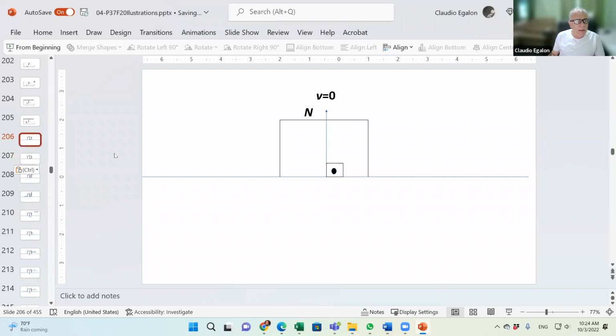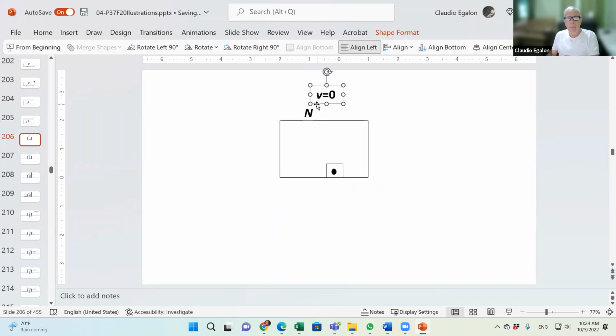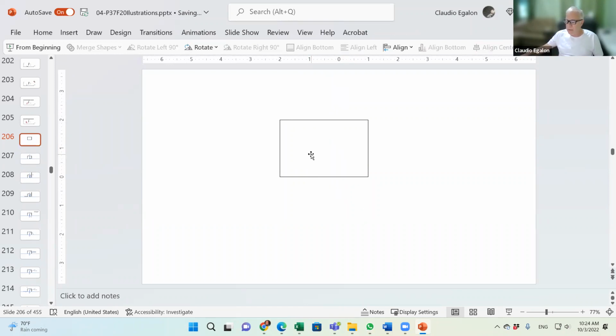So here you go. Let's say that this block doesn't have any support whatsoever, right in here. By no support whatsoever means what? Means that this block must be falling in space, just like a projectile, right?